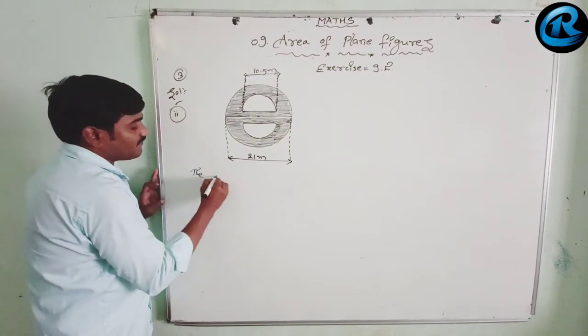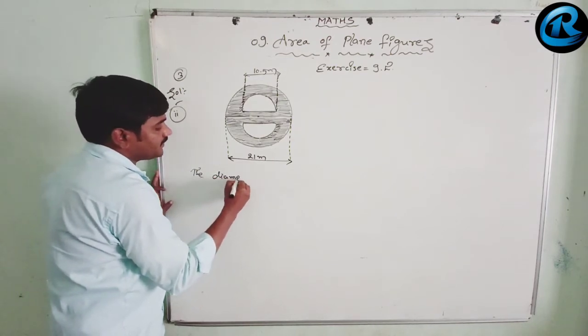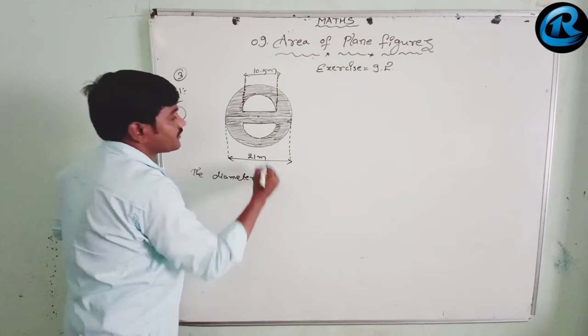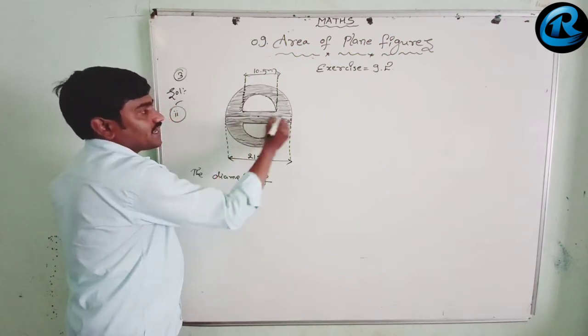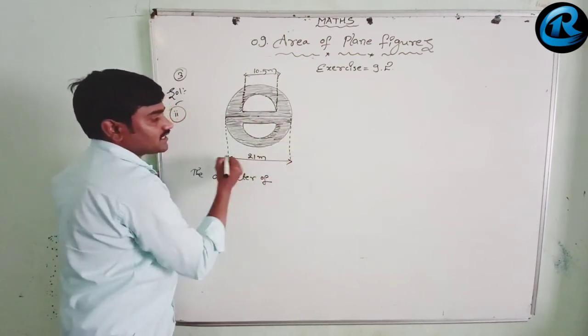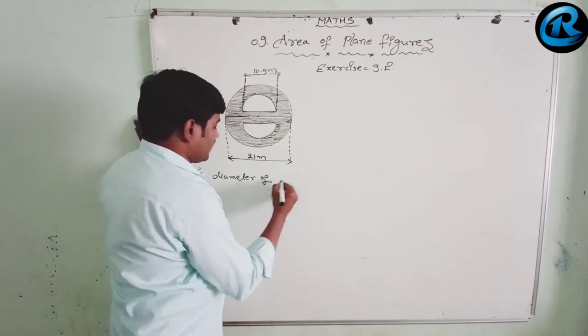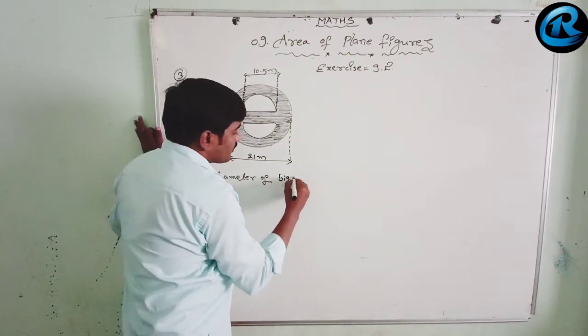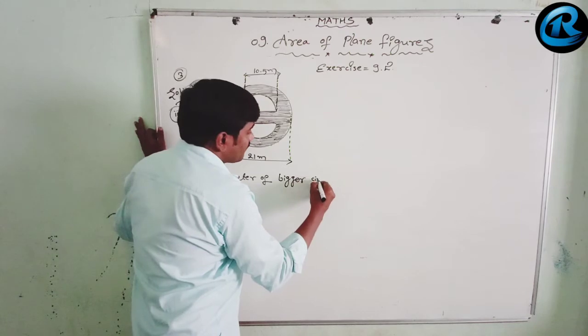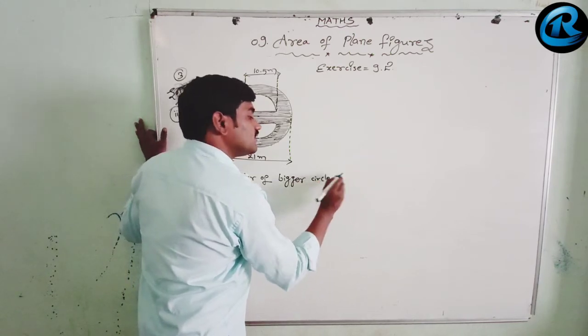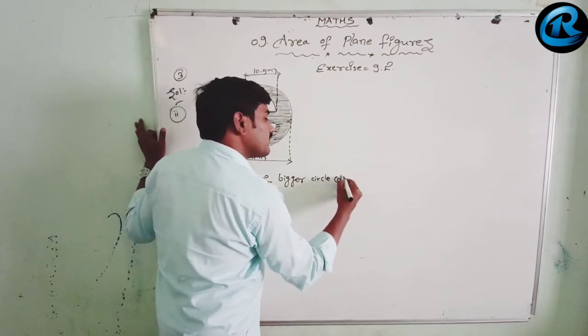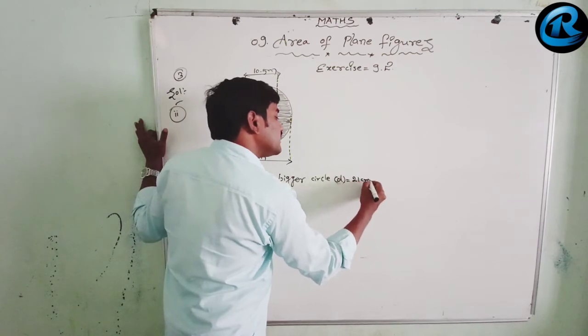The diameter of the bigger circle is given. This is the diameter of the bigger circle, that is equal to 21 centimeter. The diameter of the bigger circle is D equal to 21 centimeter.